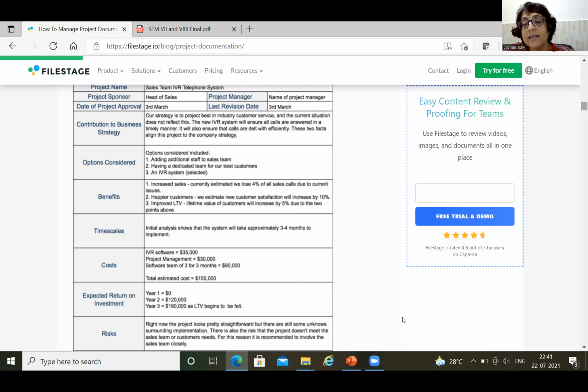Every project has its risk. When I talk about a team, what normally comes from the corporate is that they take into consideration if certain team members leave in between, because they have deadlines to meet. So how are they going to overcome such a risk?